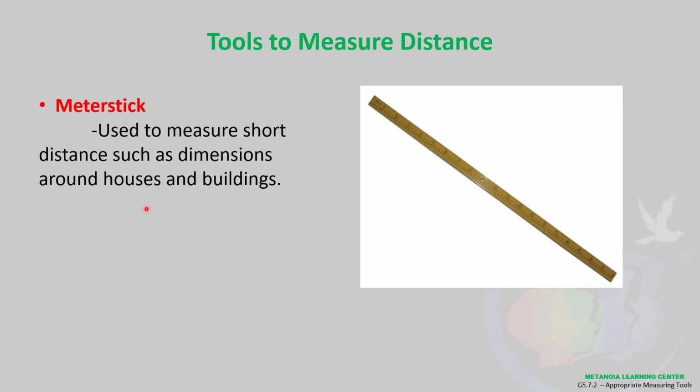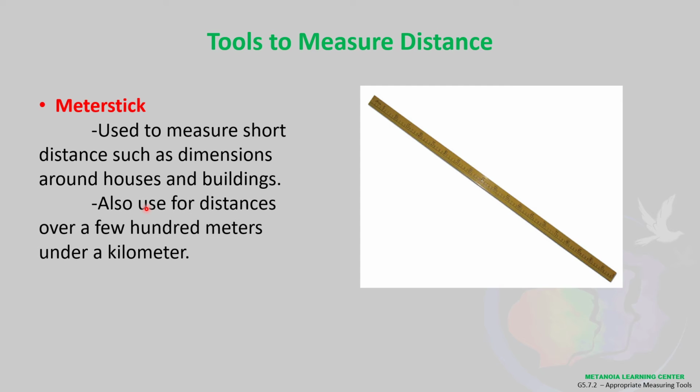So, at your house, what is the perimeter around your house? You can make use of the unit of meters to measure around your house, or the distance from one point to another as you walk from your house to your neighbor or outside your barangay community. Okay, it is also used for distances over a few hundred meters but under a kilometer.